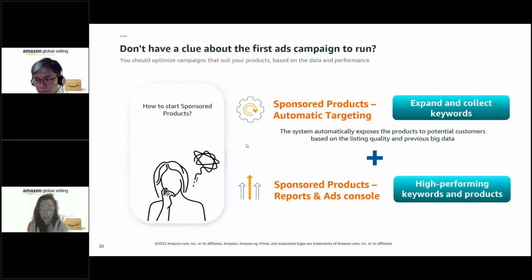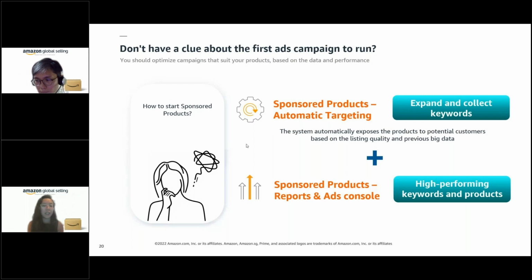The important thing when you get started before advertising is that you need to have a really strong listing first. If not, you will be wasting quite a bit of advertising money. So we highly recommend sellers, before even jumping into advertising, do one last check, triple check, double check, that your listing is fully created.